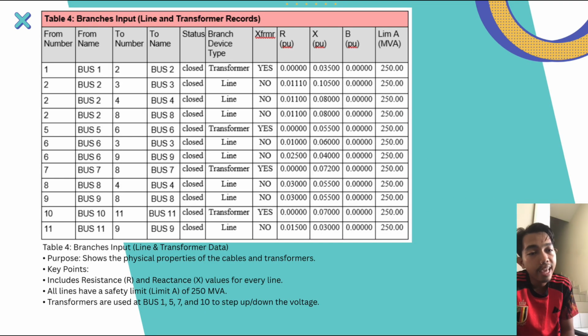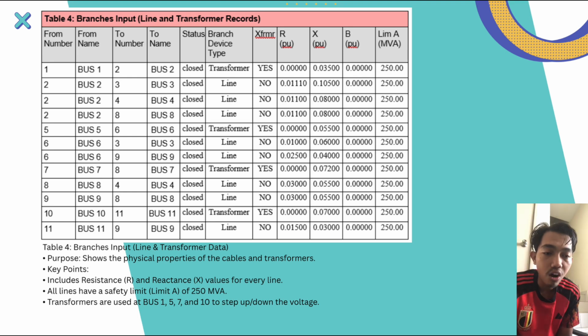Going next to table 4, which is branch input, line and transformer data. The purpose is to show the physical properties of the cables and transformers.